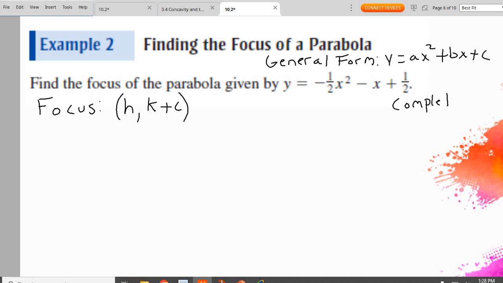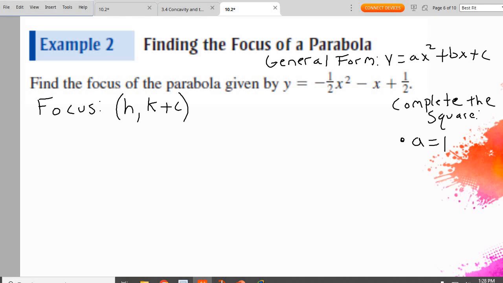If we're not good at completing the square, we're going to get really good at it because we do have to complete the square with all four of our conic sections. So we're going to be completing the square a lot in this chapter. Yes? So remember that our first step in completing the square is that our a value has to equal 1. And we can do that one of two ways. One, we can factor out that a value.